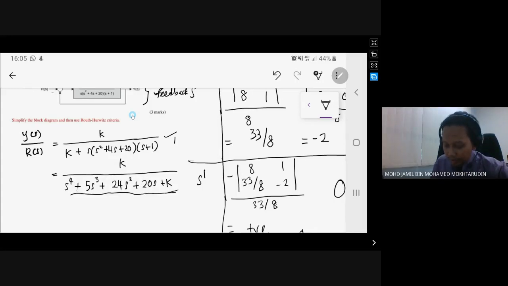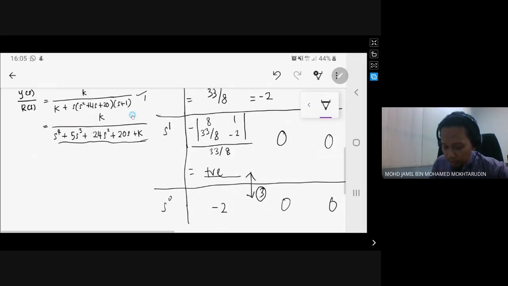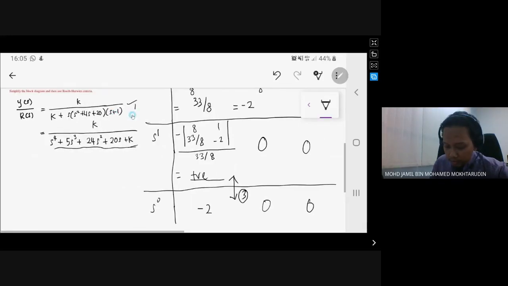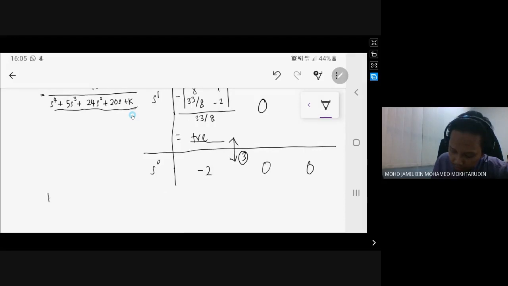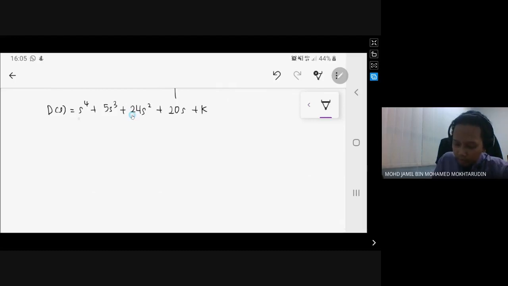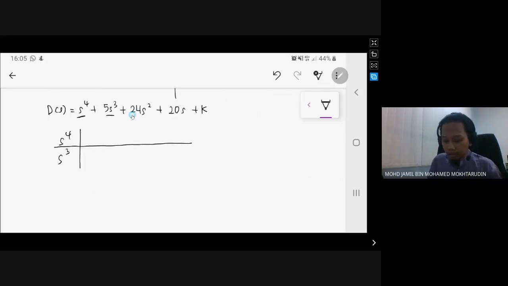Okay, and then you use the denominator and then do the Routh-Hurwitz criteria. So here your denominator will be... so you start with S4 followed by S3. So S4, S3. And then you fill the rows alternatingly.